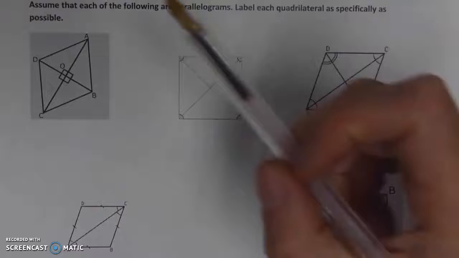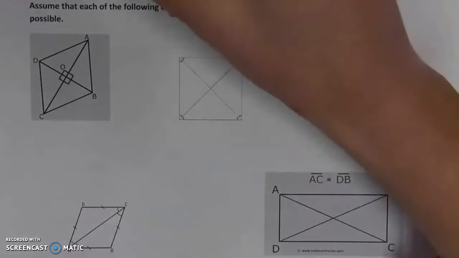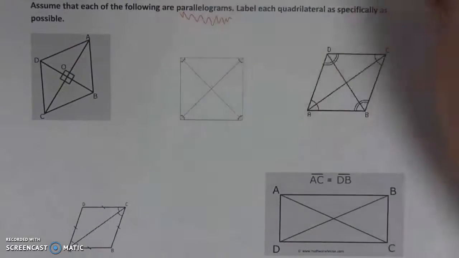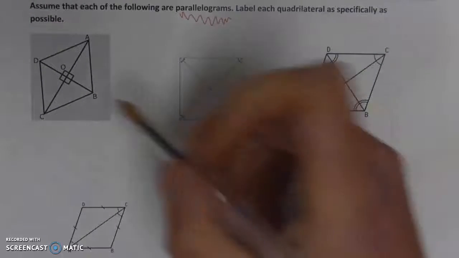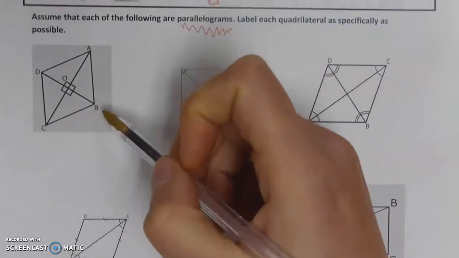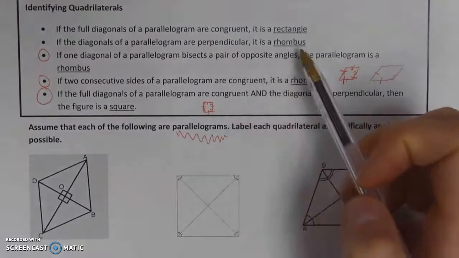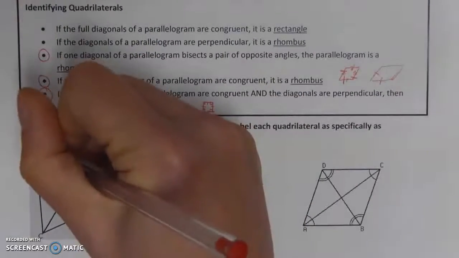So we can use that to classify a bunch of different shapes, and let's just jump into those. For this first one, I'm going to assume, according to the directions, that all are parallelograms, which remember is essential information. So if I'm looking at this first one, I can see that the diagonals are perpendicular. Well, if the diagonals of a parallelogram are perpendicular, I can say it's a rhombus. So I'll write rhombus.